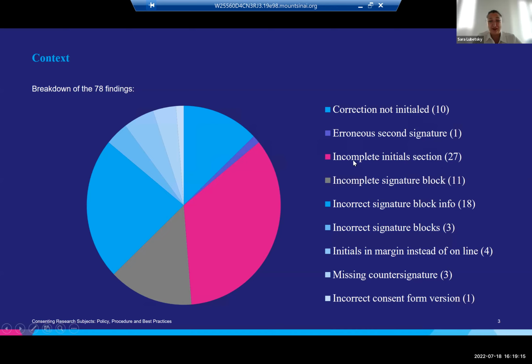We found the initial section, which we will talk about later, being incomplete, incorrect information, and some major findings like missing counter signatures that could quite literally invalidate the consent form. So I just want to make the point that things happen, and we want to prevent those things from happening.